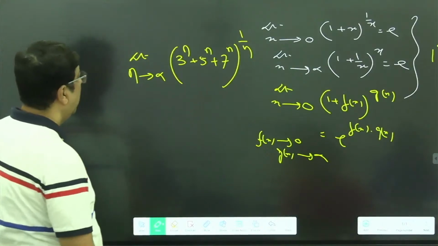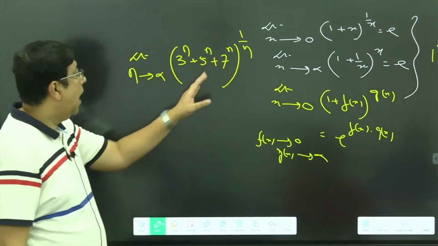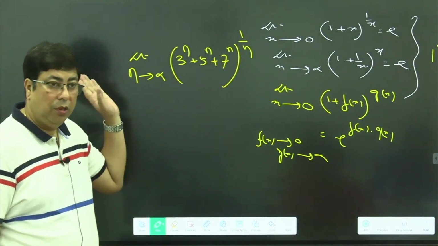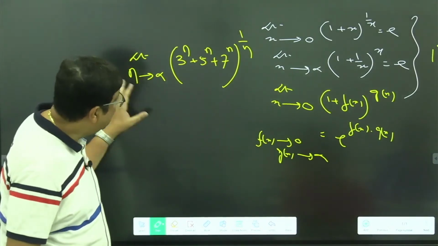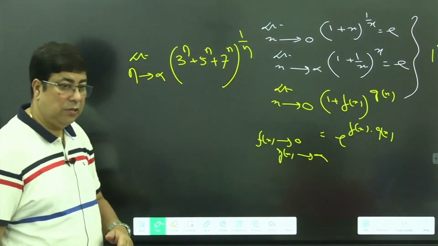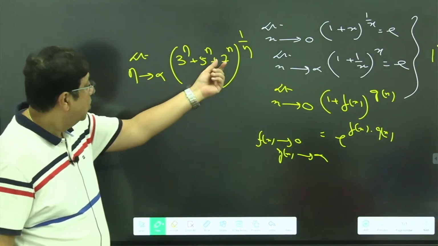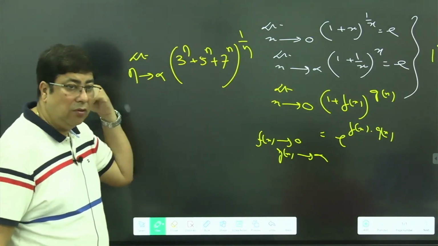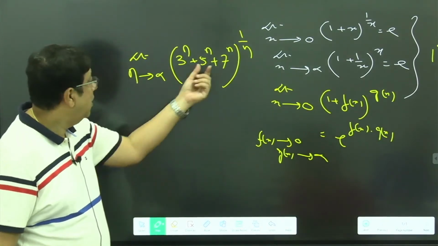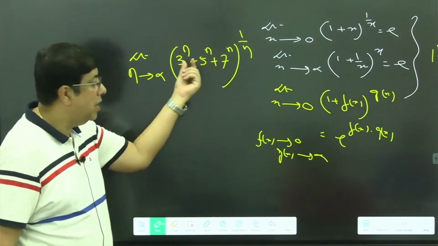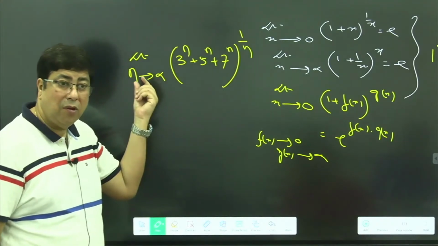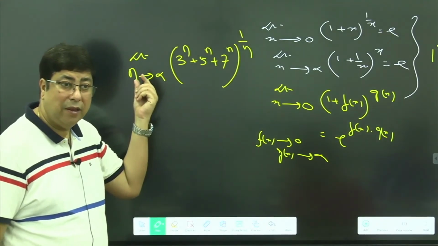First of all, in this type of case, I am taking the biggest one out. If I take 7 to the power n outside, it is coming out as 7.